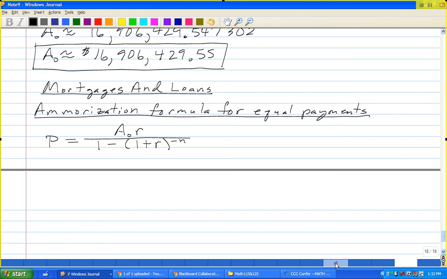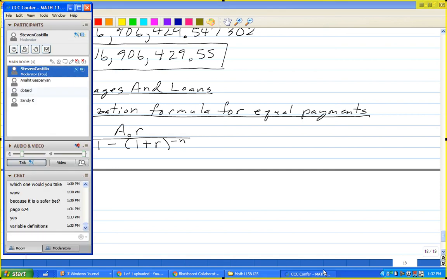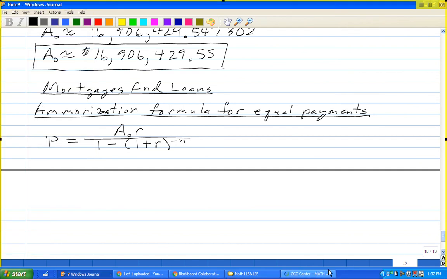So let me do an example. For most loans that you get, you have a fixed amount that you pay every month. So this is the formula for figuring out how much you must pay every month.